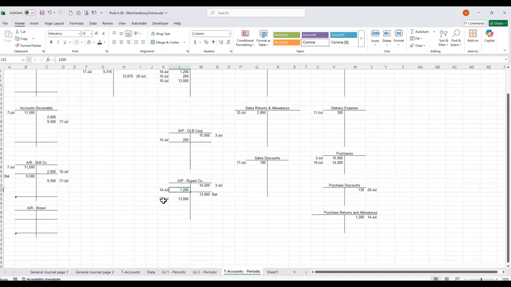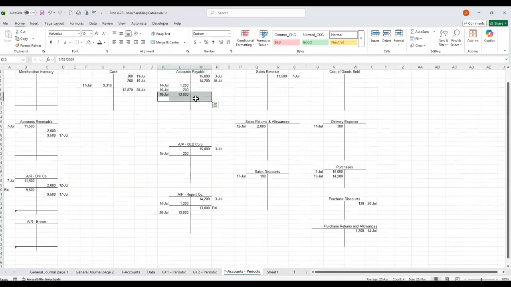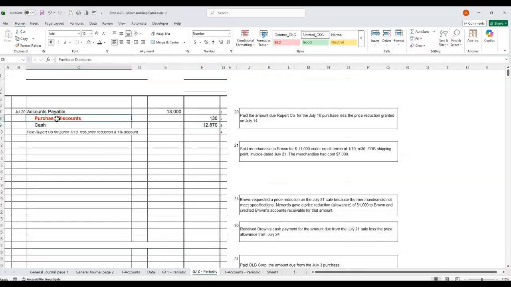So here it is, the debit to Rupert's account, the debit to accounts payable, and then the credit to purchase discounts and the credit to cash. Remember, in the periodic method, we can't use the inventory account or the cost of goods sold account, so we have to have something there to accumulate that information and then use it later when we close the accounts.